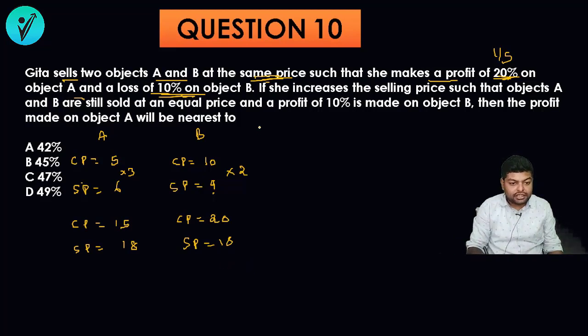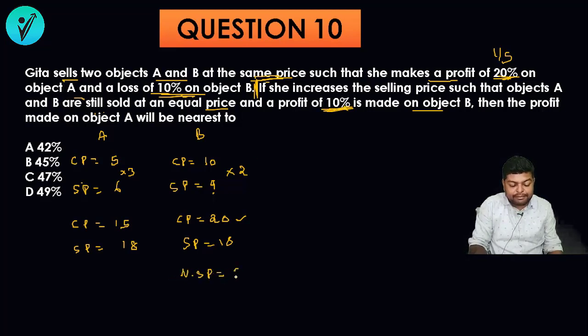Yes. Next, if she increases the selling price such that objects A and B are still sold at equal price, means object A and object B should have the same selling price, and a profit of 10% is made on object B. Currently we are incurring a loss of 10% in object B. So अगर मेरा cost price 20 है and we want a profit of 10%, what should be my new selling price?